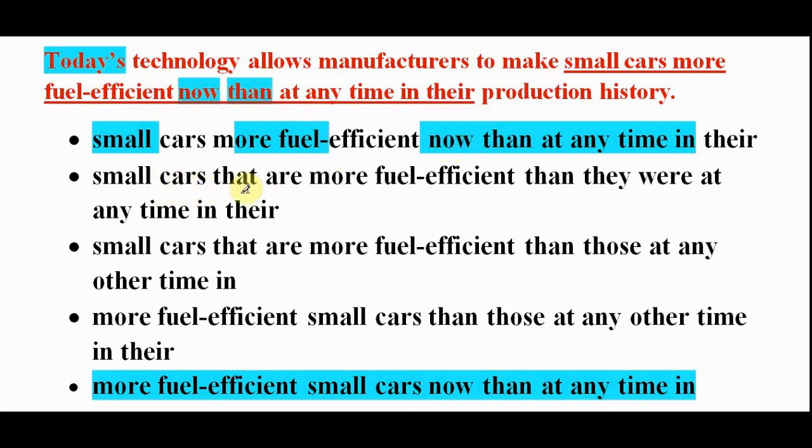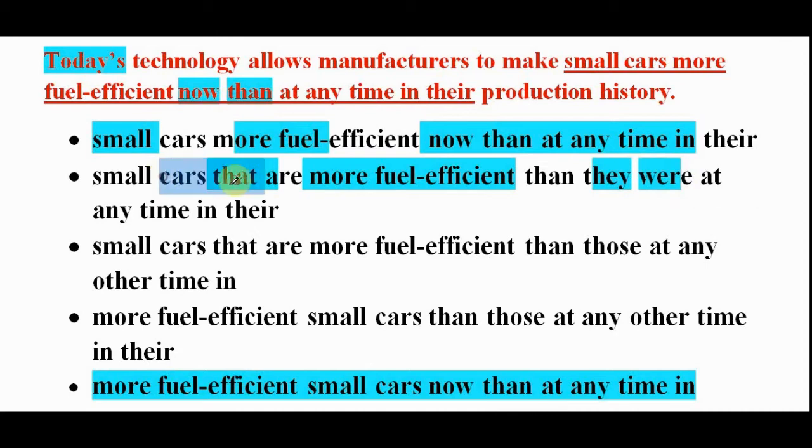B says small cars that are more fuel efficient than they were at any time in their production history. See, it says cars are more fuel efficient than they were. So it's the same car in present and the same car in past. Incorrect.